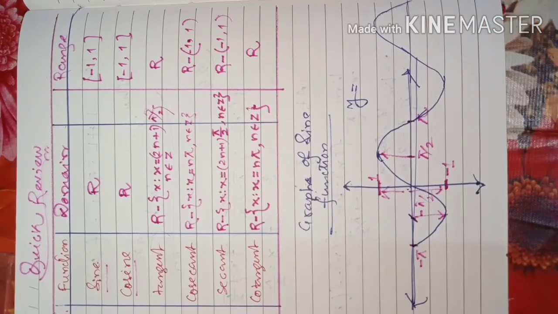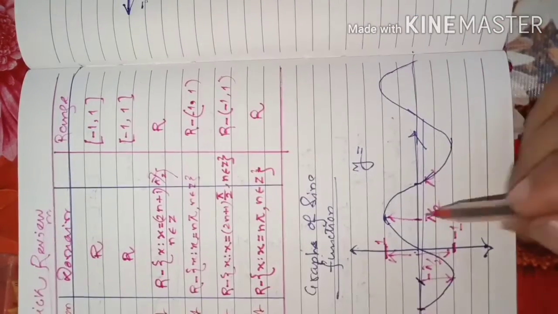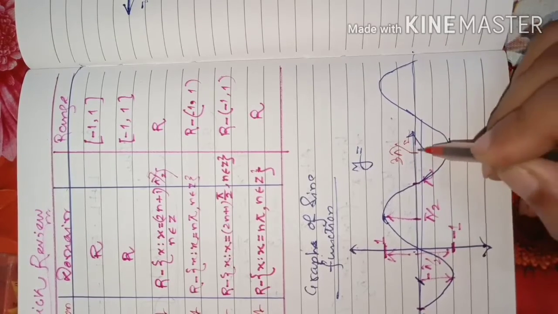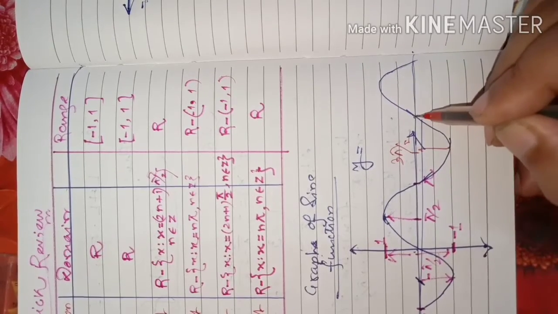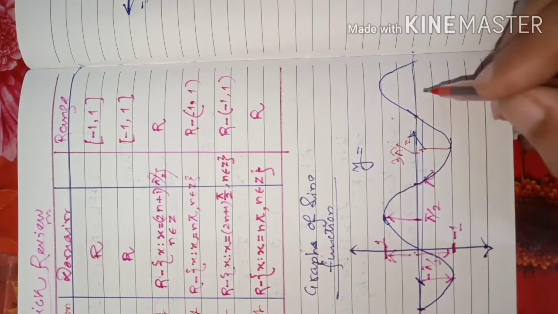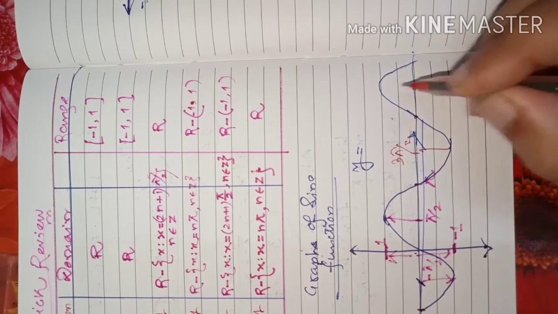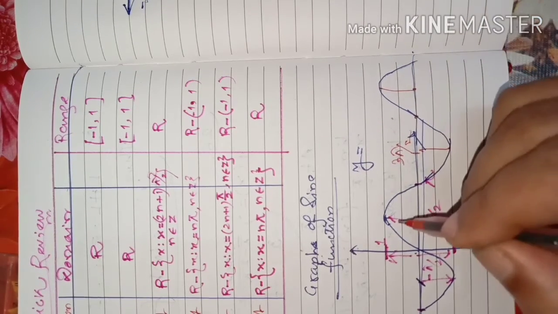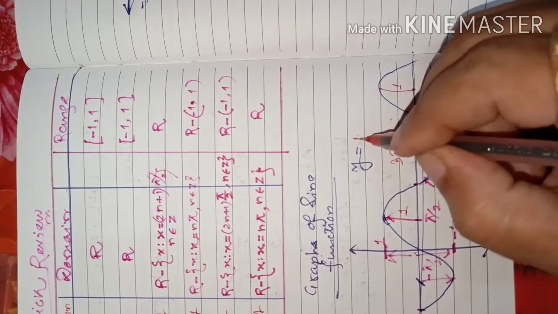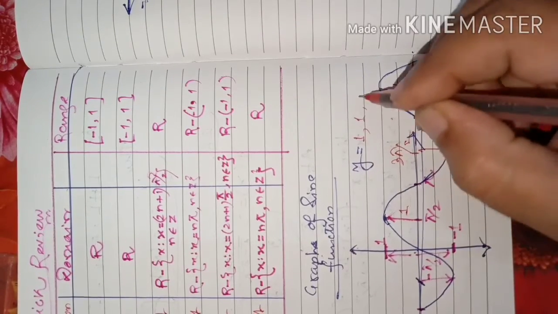This is pi, this is 3 pi by 2, where it is -1. Again at twice pi it is 0, and again at 5 pi by 2 it will be +1. So you see here it is 1, here it is 1, so the y value is getting repeated.